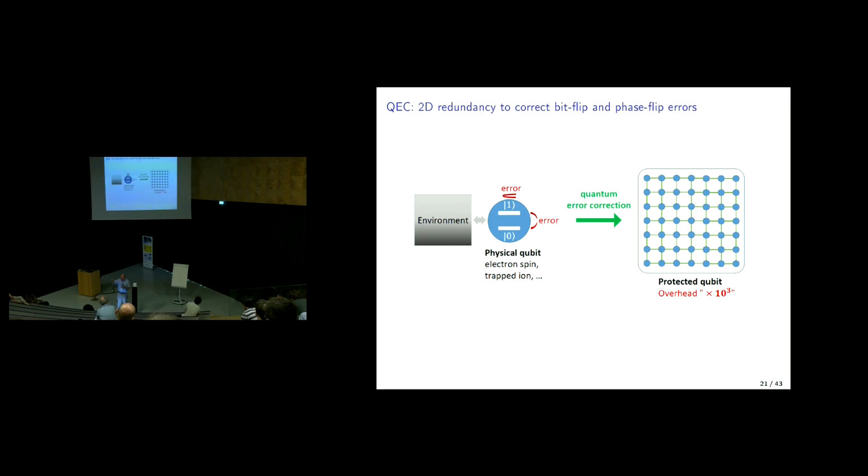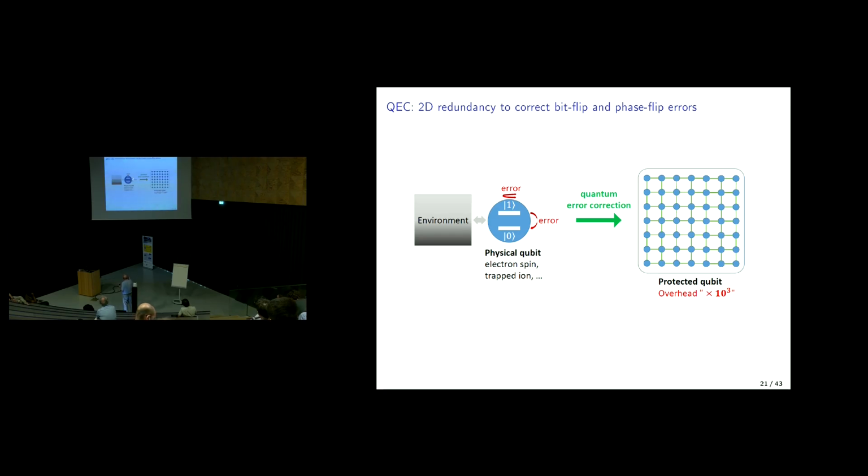Okay? So it is, in a certain sense, in the space where 0 is horizontal and 1 is vertical, a symmetry with respect to the vertical axis. And what Shor proved is that if you can correct these two kinds of error by redundancy, you can achieve a much better logical qubit than the physical qubit.